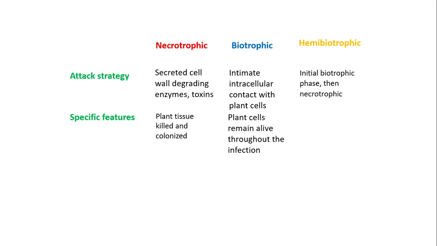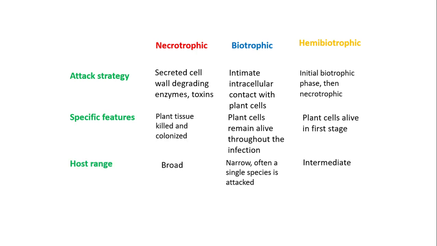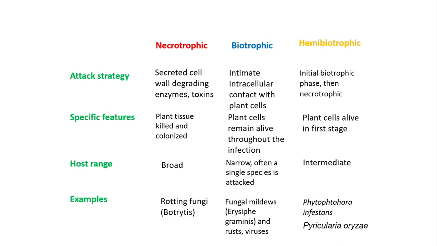So here are some features of these fungi. For example, their attack strategy in case of necrotrophic fungi, they secrete the cell wall degrading enzymes and toxins and attack the plants.